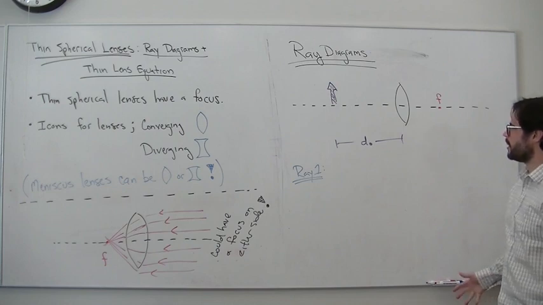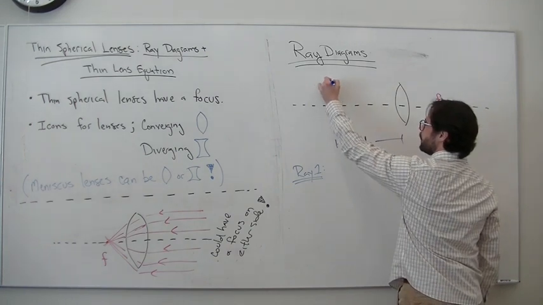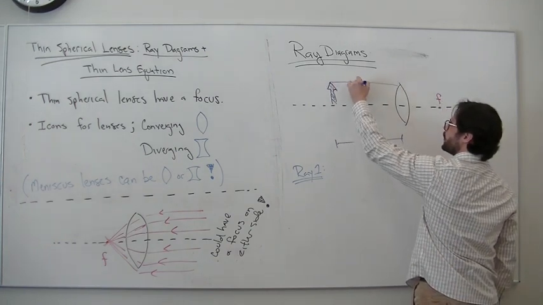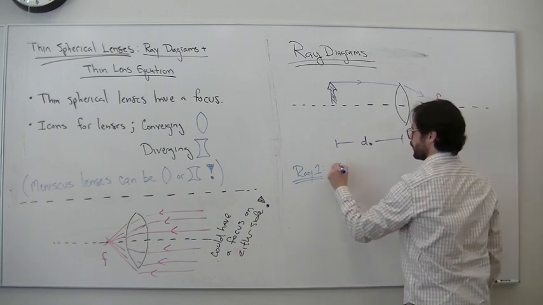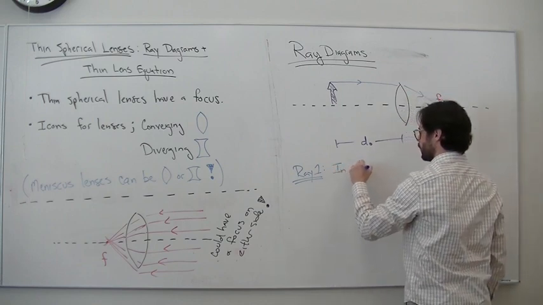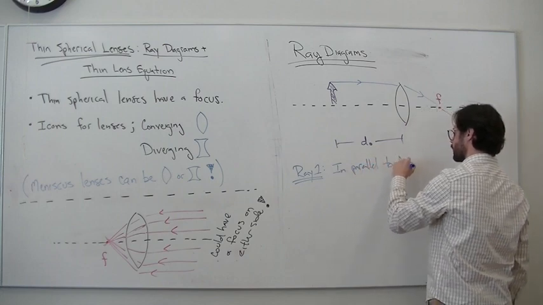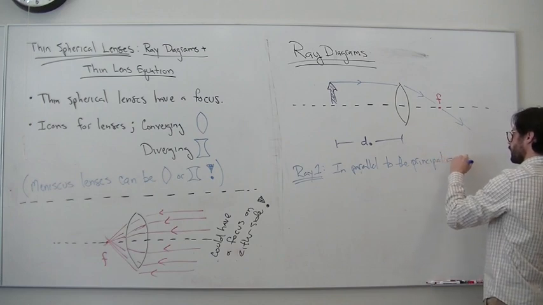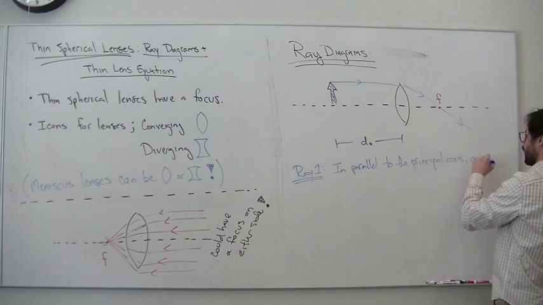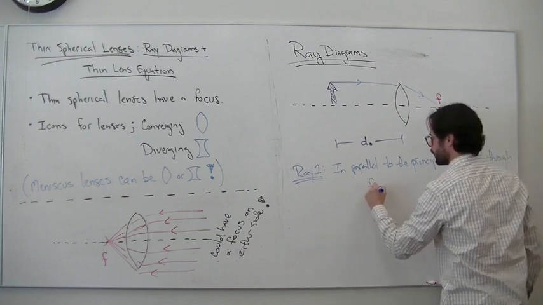So ray 1 will be the easy one, the one that the focus gives us for free. If I come in parallel off of this object, in parallel to the principal axis, I will go out through the focus.